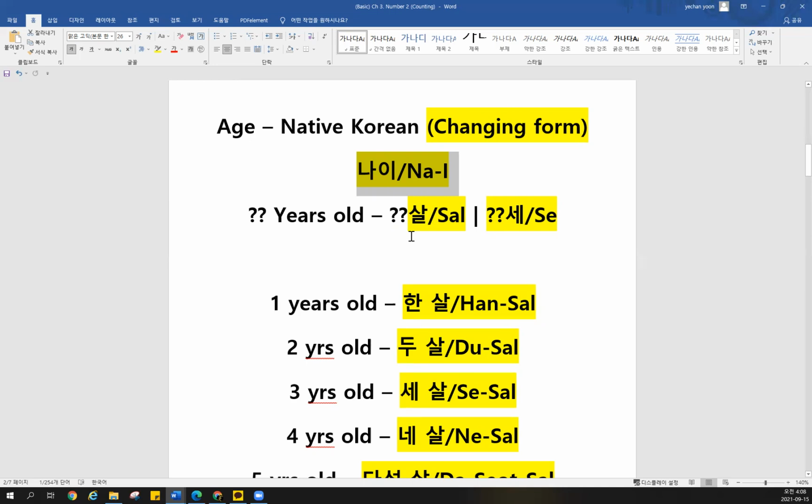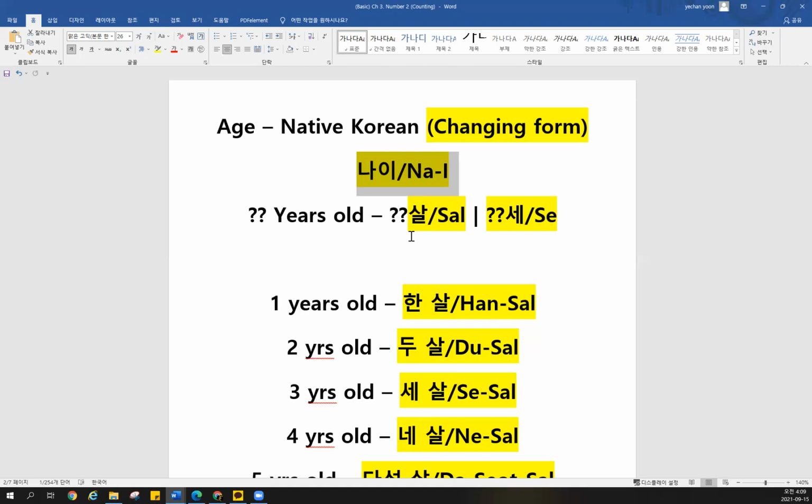There are two different ways: blah blah 살 or blah blah 세. So what's the difference between 살 and 세? Blah blah 세 is usually used for writing, for documentation. For example, if you're writing a resume to apply to a Korean university, or on a flight ticket, or a survey question, they usually prefer to write blah blah 세. Most of them generally.